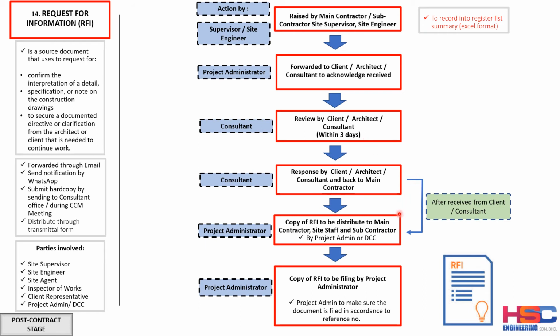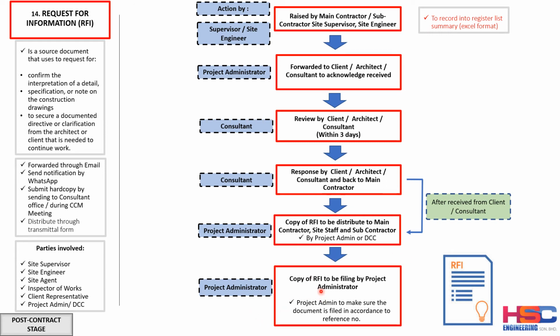And once it's responded, the responded RFI copy is to be distributed to the main contractor, site staff, and the subcontractors involved. This is to be done by the project administrator or the document controller.